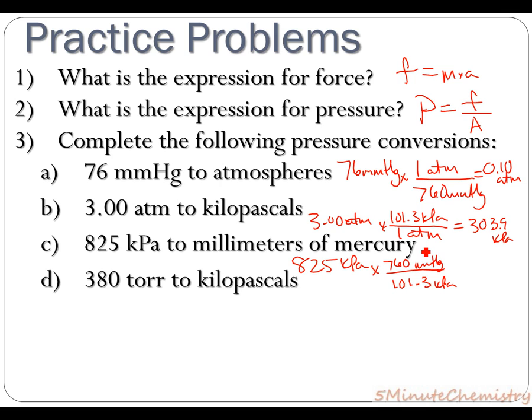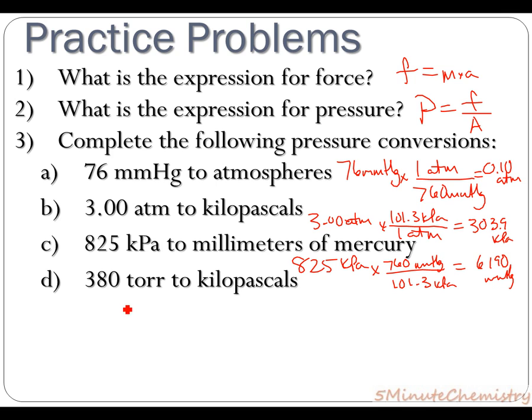Give me a second and I will work that one out here. Okay, this gives us 6,189, but rounded it will be 6,190 millimeters of mercury.